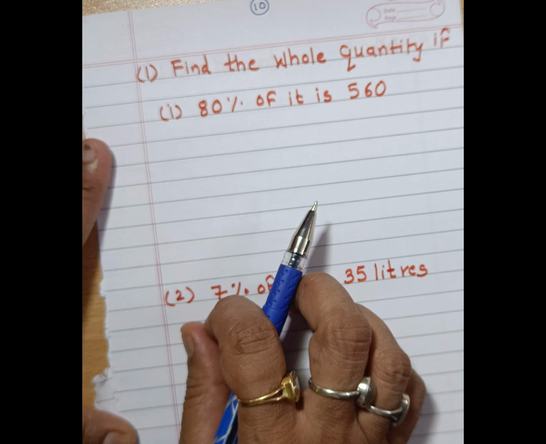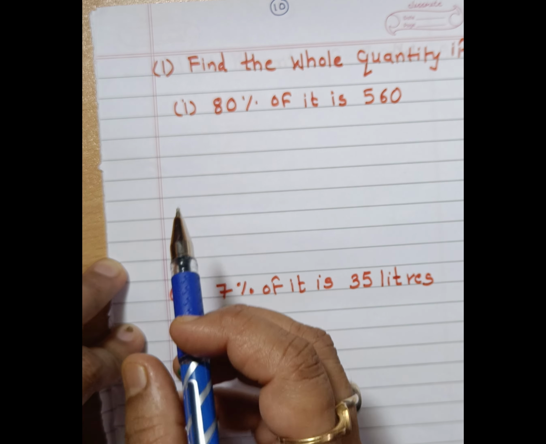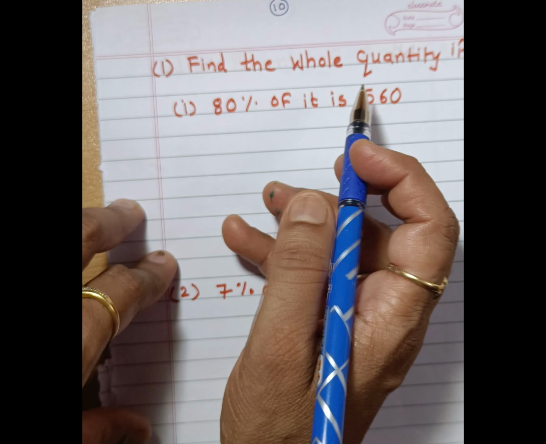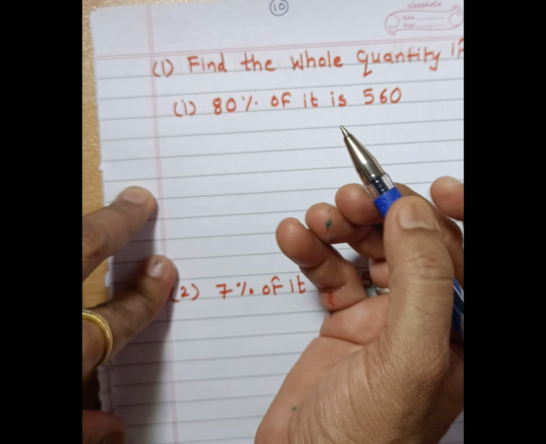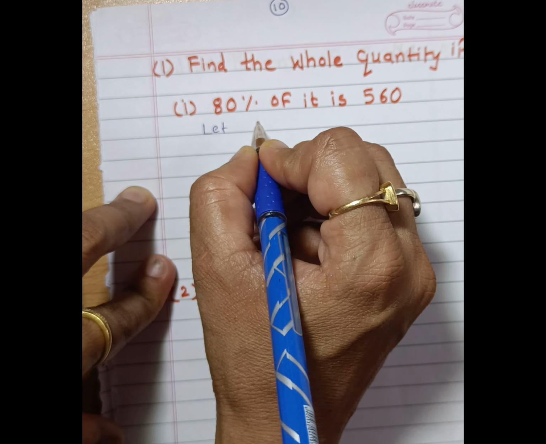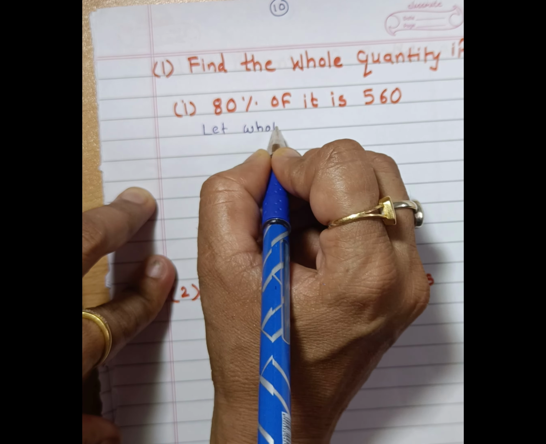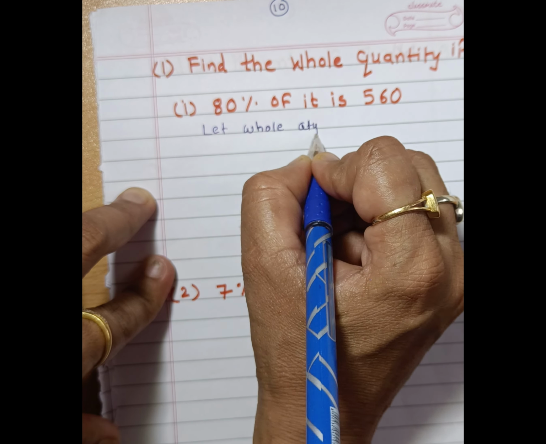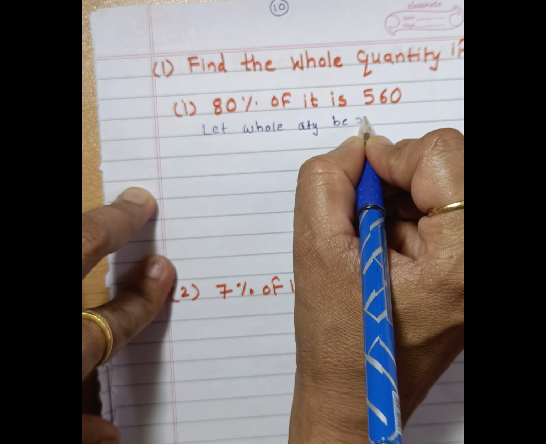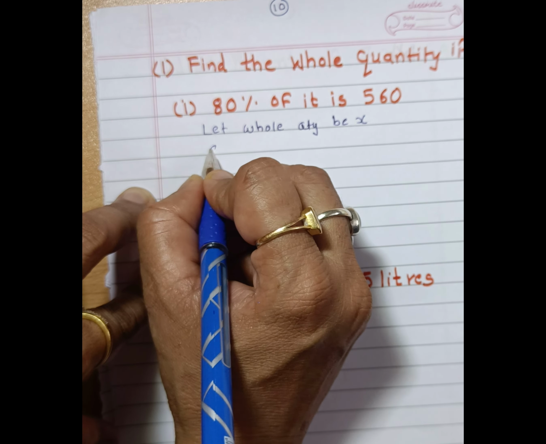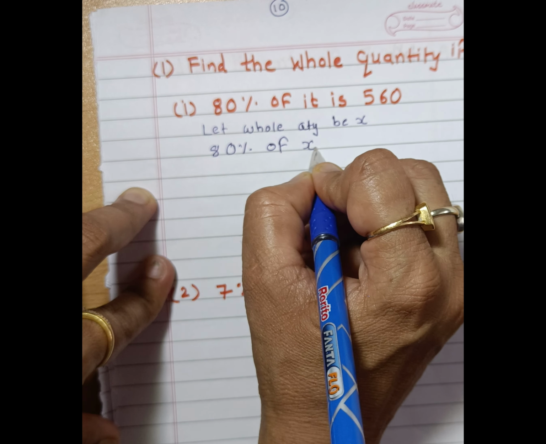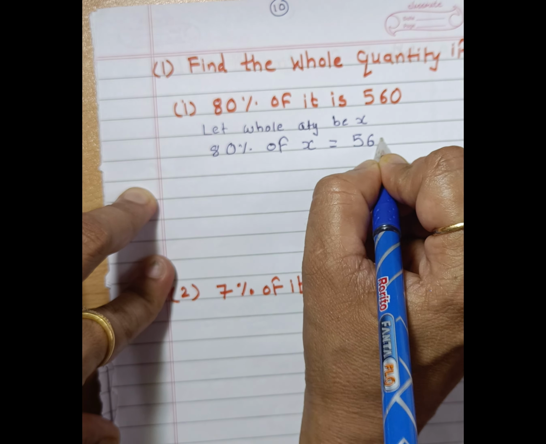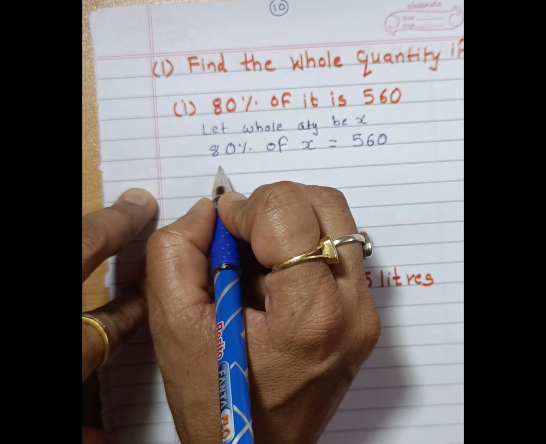We will learn some fundamental examples of percentage. In the first example, we find the whole quantity if 80% of it is 560. Let the whole quantity be x. Now 80% of x is equal to 560.